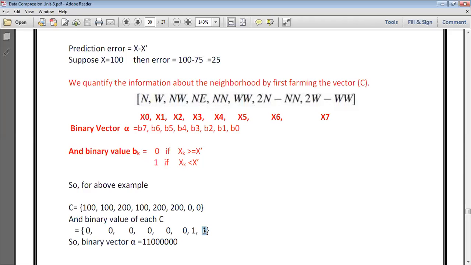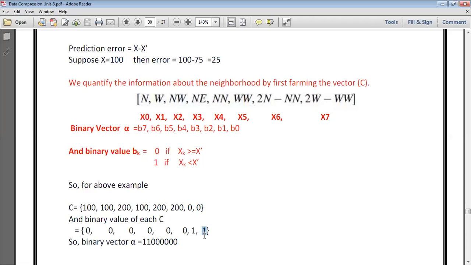Now we compute the binary vector, and the binary vector is nothing but the reverse order of the vector values. Reverse order means firstly we put the binary values corresponding to x7, then x6, then x5, x4, x3, x2, x1, and x0. So this is the reverse order.